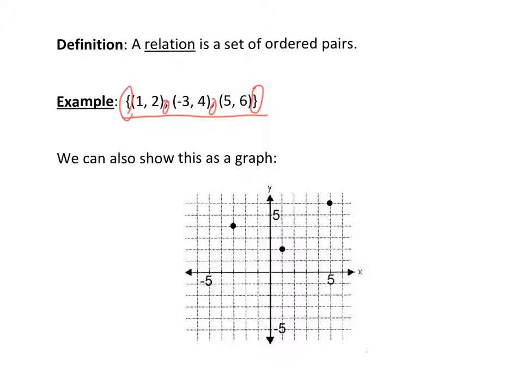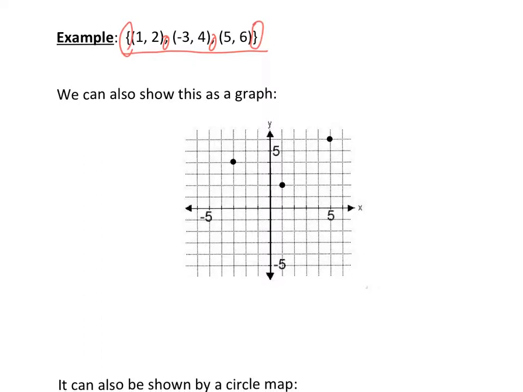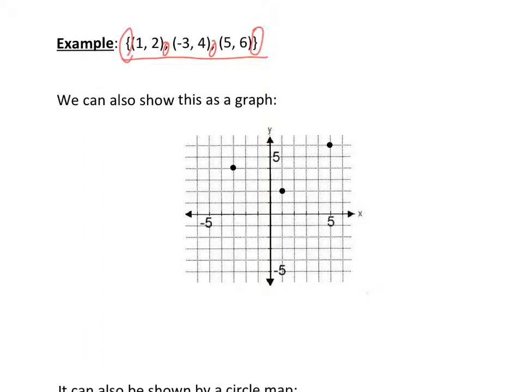Okay, we can also show the ordered pair by looking at a graph. So if I take these points that I have up here, let me erase that stuff. If I take these points, I take the first one, which is 1, 2. So I go right 1 and up 2 to this point.